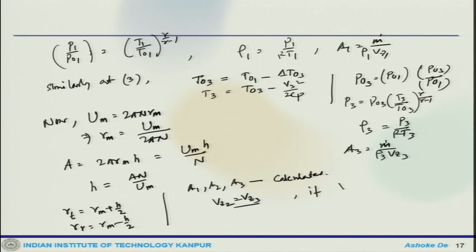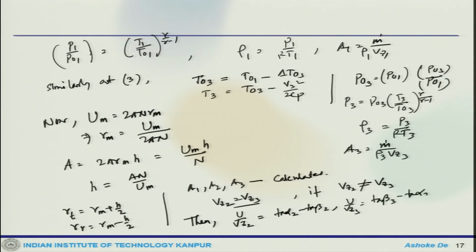If Vz2 is not equal to Vz3, then U by Vz2 equals tan alpha 2 minus tan beta 2, and U by Vz3 is tan beta 3 minus tan alpha 3, and psi equals 2 Cp delta T naught s by U square.